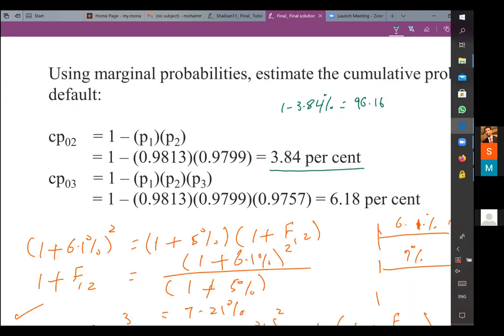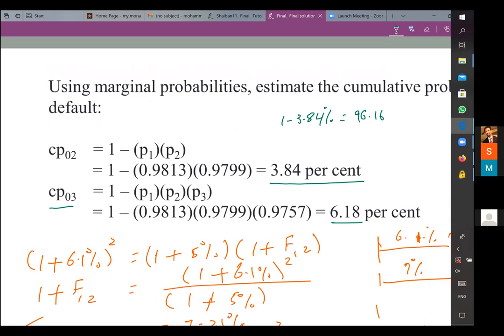And for year 3, cumulative defaulting of 3 years, 6.18, which means now if I want to calculate the probability of payment over 3 years, it will be 1 minus 6.18, or I think 93.84, if I'm not mistaken.